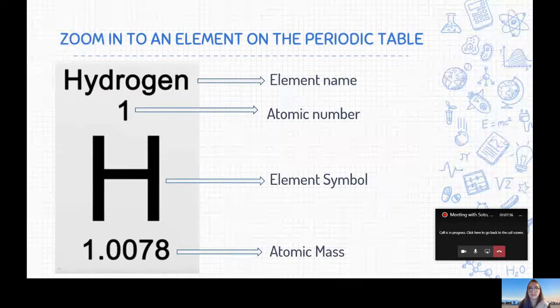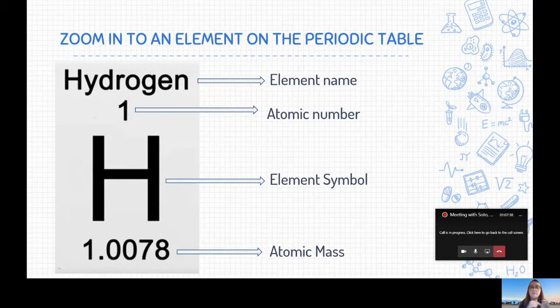So in our periodic table, every little box looks like this. You have the element name at the top, for example, hydrogen. Then we have something called the atomic number. Then we have the symbol that represents that element. Usually it's 1, 2, or 3 letters maximum. The first one's always capitalized. That is your element symbol.